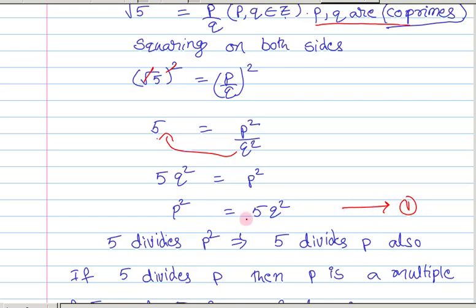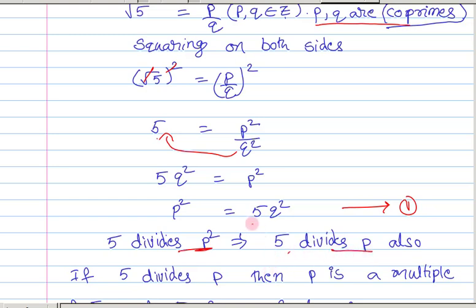If you observe this equation, I wrote p square as 5 into something. That means p square is a multiple of 5. That means 5 divides p square. Here, as 5 divides p square, then 5 also divides p.